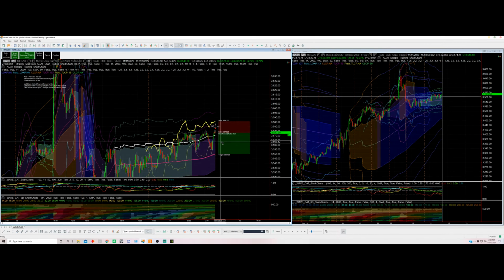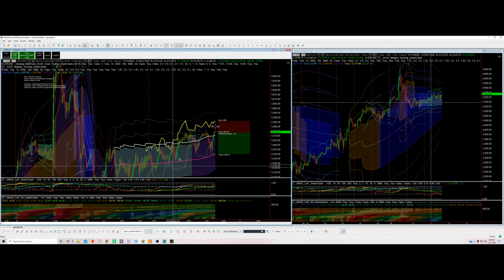Let's say we set it at the 0.5 standard deviation of the CLCP. So that would be right around here. Once we hit the profit target, anytime the price goes down, that standard deviation is going to go down and follow price as well.